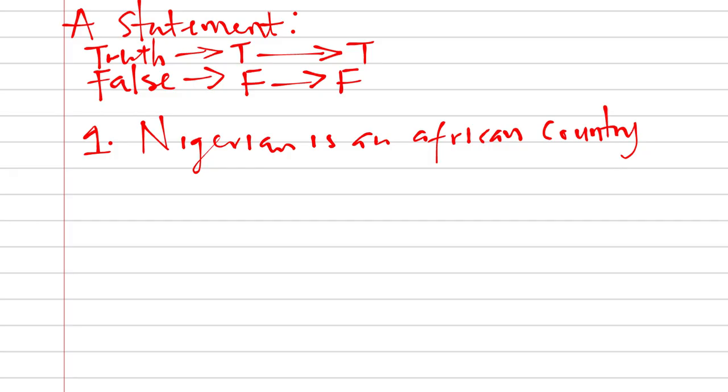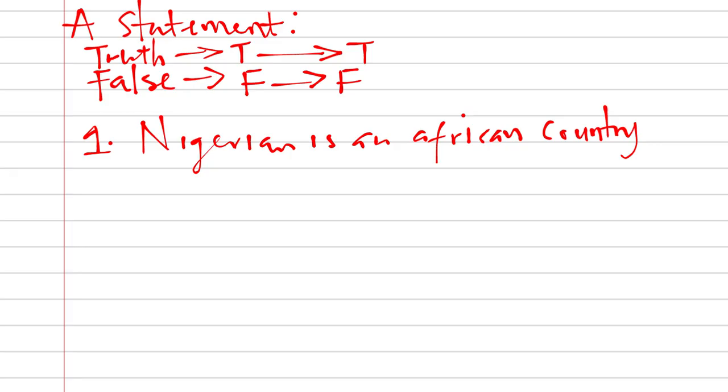Nigeria is an African country is a statement, but is it true or false? Is this a true statement or a false statement? That is not what we are looking at here first. Here what we are looking at first is, what is a statement?